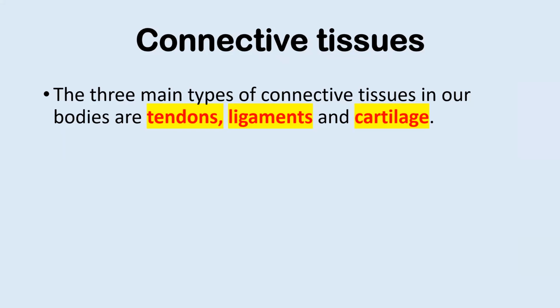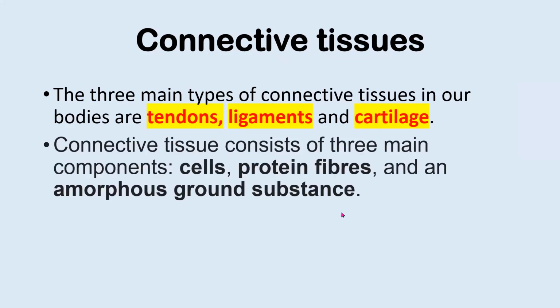Okay, something different. There are 3 types of connective tissue in the body: tendons, ligaments, and cartilage. I mentioned this before. I'll give a bit more detail here. So these connective tissues all are made of cells. They all have these protein fibers, and then they also have an amorphous ground substance.